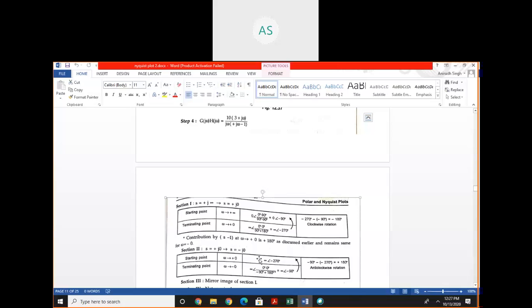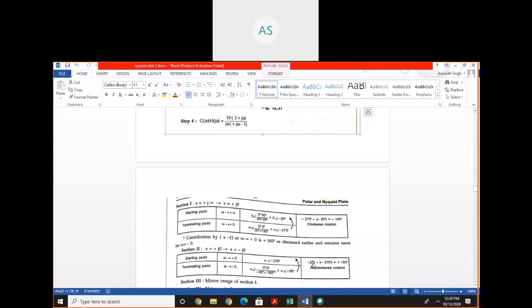In this case, when omega tends to minus infinity, the angle contribution is minus 90 degree, while in this case the angle contribution is plus 90 because it is in the first quadrant. And in the case when omega tends to minus 0, it is in the third-fourth quadrant. So the angle contribution by this term is minus 90 degree and the angle contribution by this term is 180 degree.